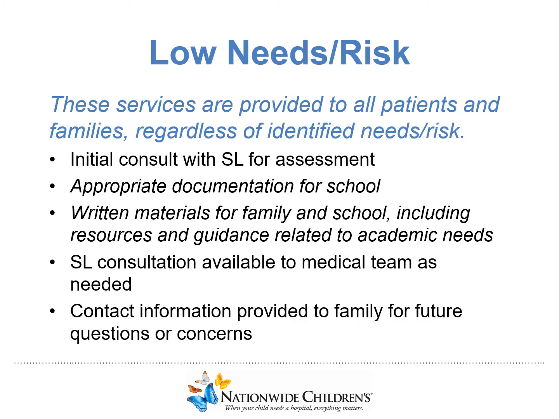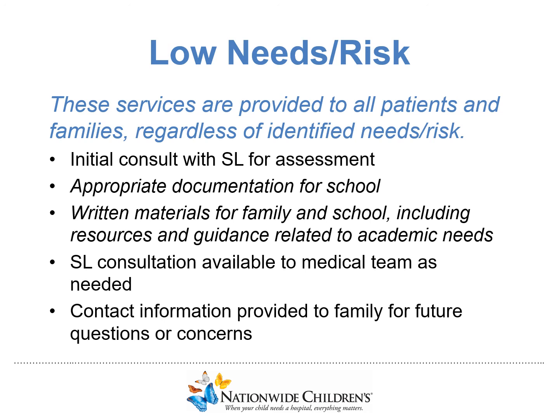So when a family is assessed to have low needs or low risk, academic risk, this is the list of services that is on our menu. So we essentially have a menu that has a list of services available at each level of risk. These services are provided across the board to every patient. So every patient would get an initial consult for assessment with the school liaison.